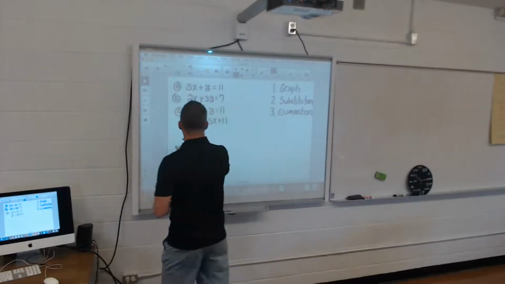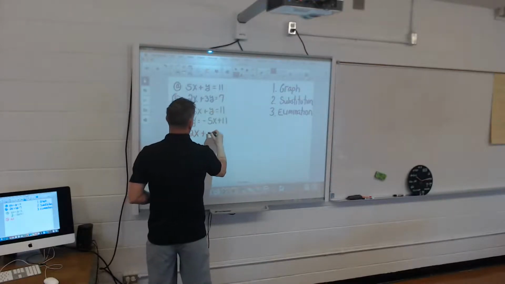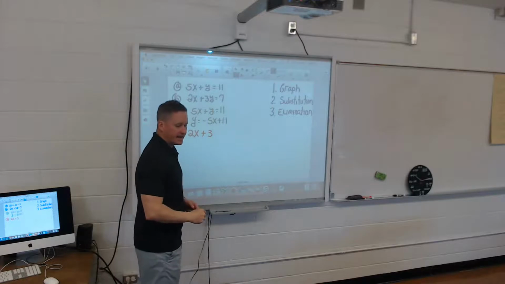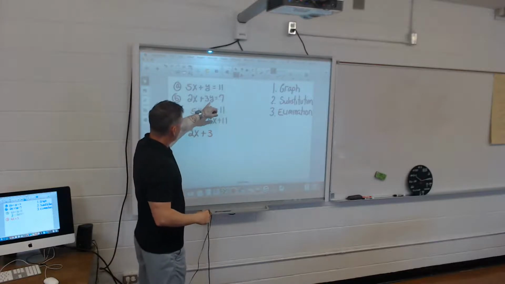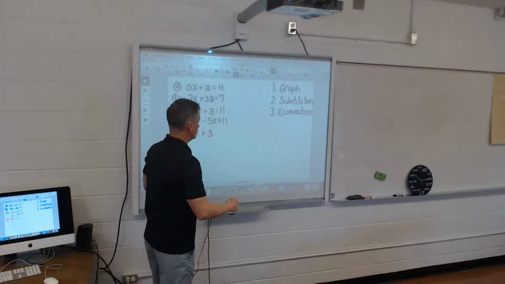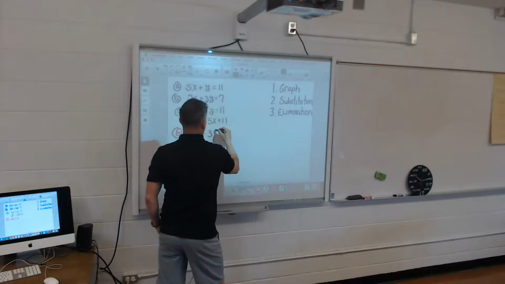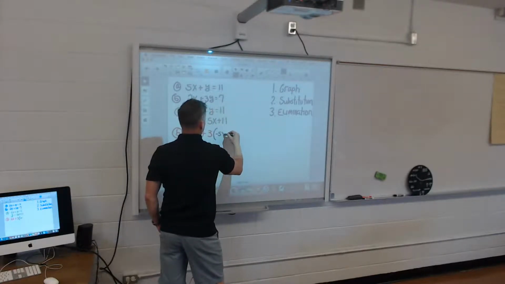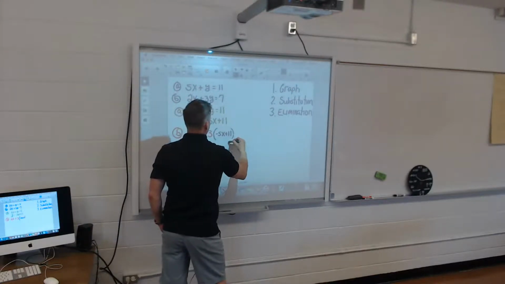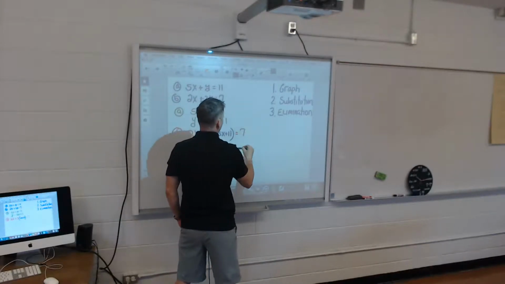And instead of putting a y in here, I'm going to substitute in minus 5x plus 11. That goes right here, instead of the y, and that equals 7.